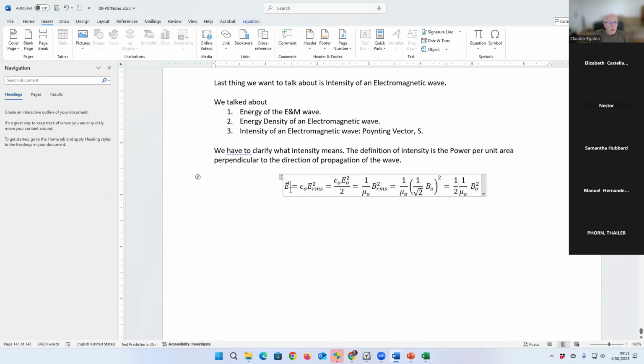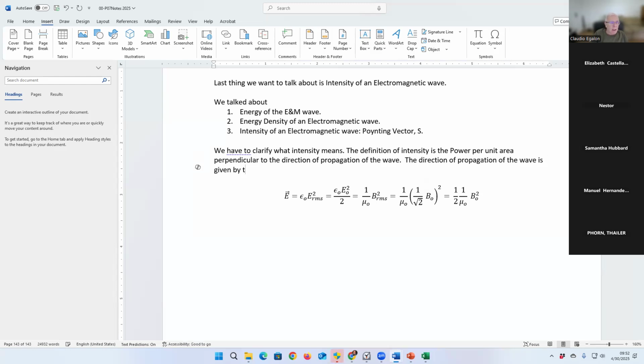Let me write that down here. The definition of intensity is the power per unit of area perpendicular to the direction of propagation of the wave. The direction of propagation of the wave is given by the right hand rule.